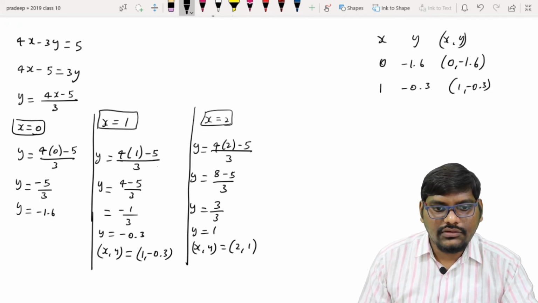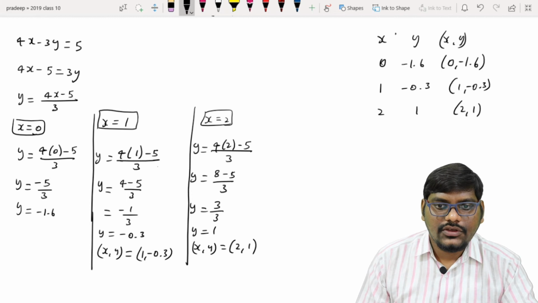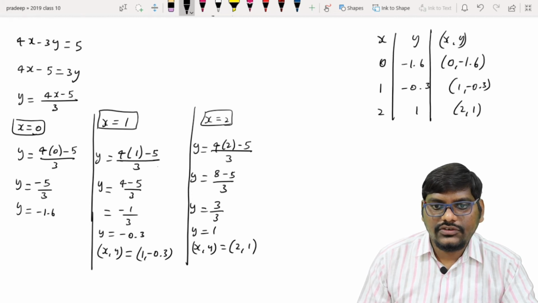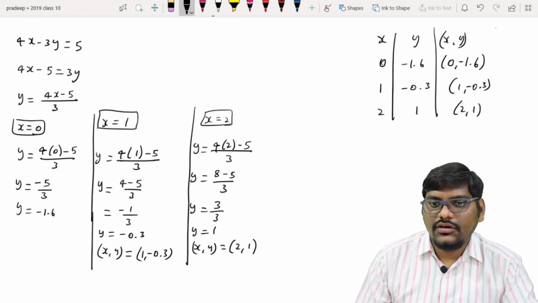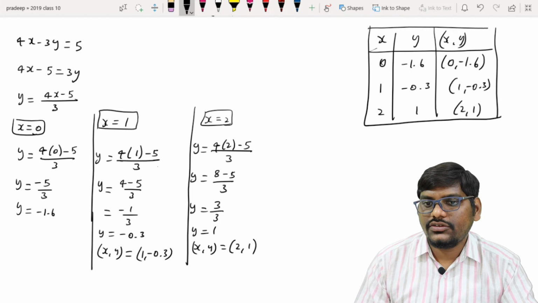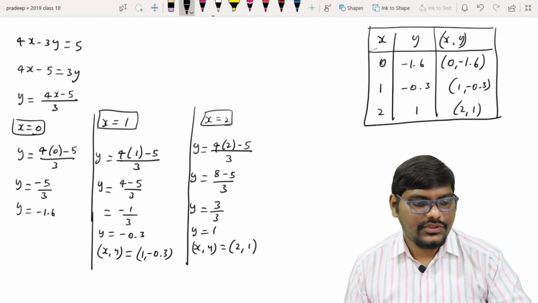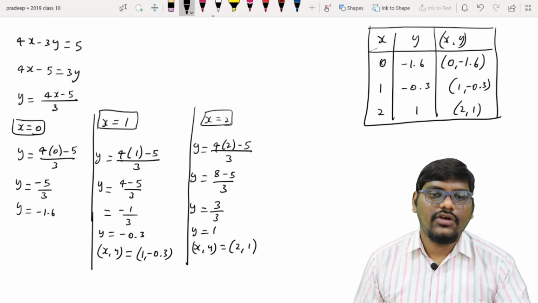When I took x equal to 2, I got y equal to 1. So this is 2 comma 1. So these are the values which I got for the second equation. So let's try to solve these. Both of the tables will be taken, and we'll draw them in the graph. Okay, so let's go and draw the graph.